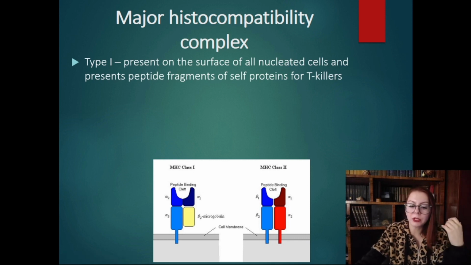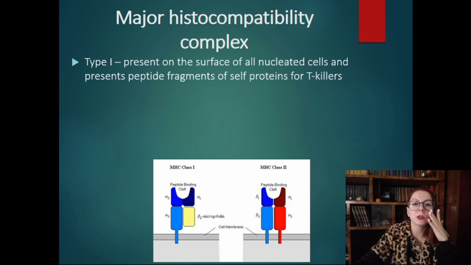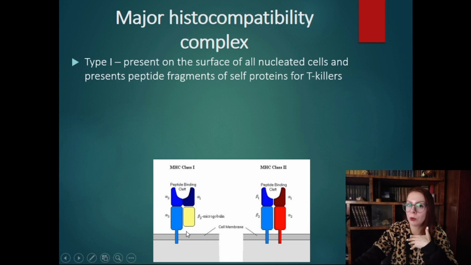For what purpose? Because there are killer cells always monitoring the surface of other cells in our body. If killer cells find a normal protein, characteristic for this tissue and for our organism, they don't do anything.